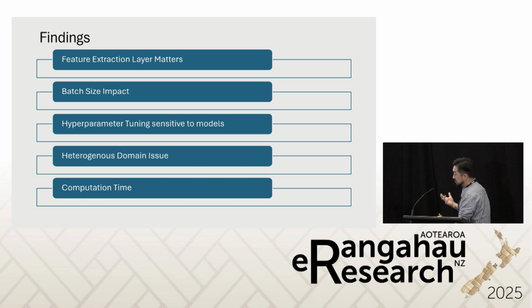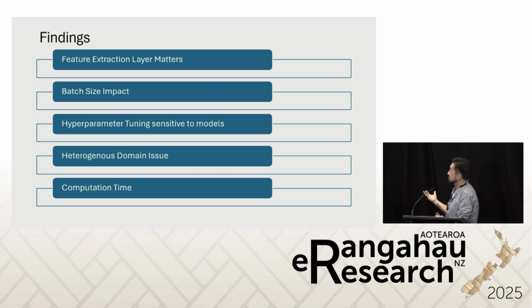The second is the batch size impact: a larger batch size improved the accuracy of the downstream model. The third is that hyperparameter tuning is only sensitive for CNN-based models, not ViT models.